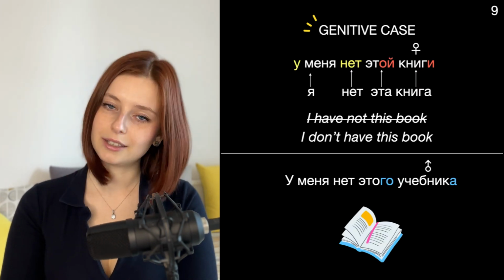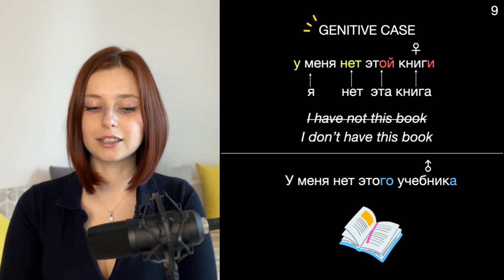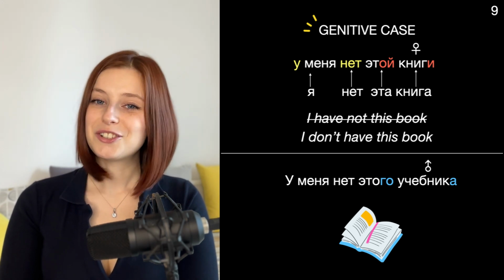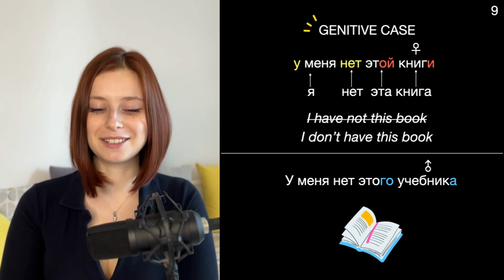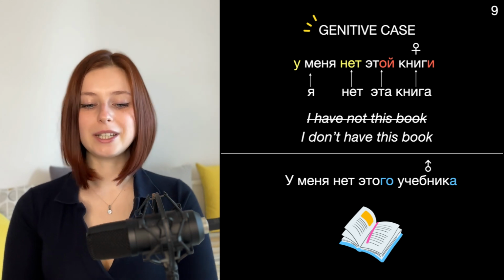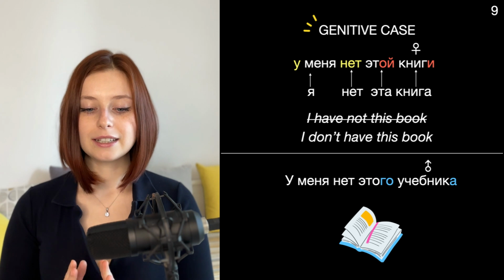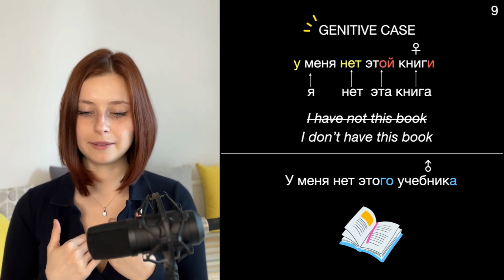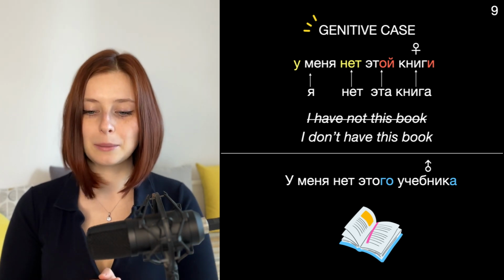Question number 9. У меня нет этой книги. My least favorite case, genitive, because it's so confusing for explanation, for explaining, I mean. First of all, we have у меня, okay? It literally means at me or by me, but in English you just say I have, right?